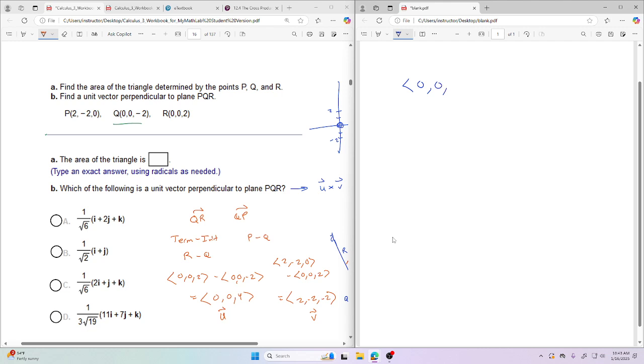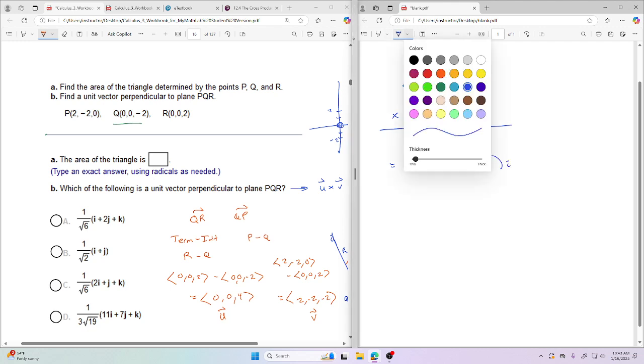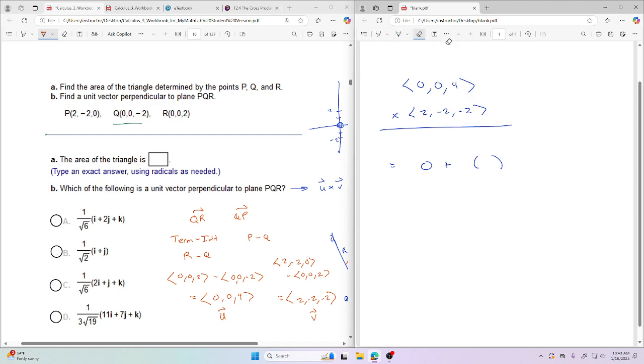Okay, so let's practice one more time with this guy. I've got 0, 0, 4, and I'm going to cross with 2, negative 2, negative 2. So I'm going to do my speedier version because I already know what the letters are going to be. I know that I'm going to get a 0. That'll always cancel. And then I'm going to get something K. Sorry, I'm already messing up. Erase. K. And then I'm going to get something else, negative J. It's probably better with parentheses, but either way.